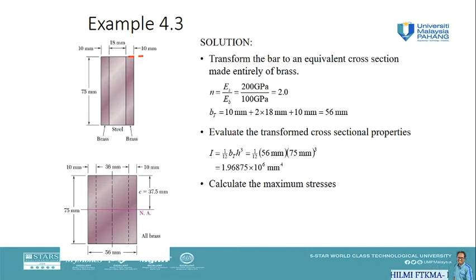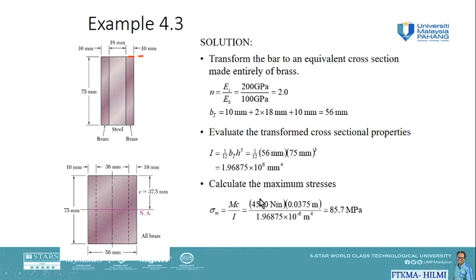Then what we need to do next is to use the equation that we have learned in a previous topic to find the stress at any point in the cross section. Sigma m equal to Mc over I. We want to find the maximum stress, sigma m, so the distance should be the maximum distance, c, 37.5.